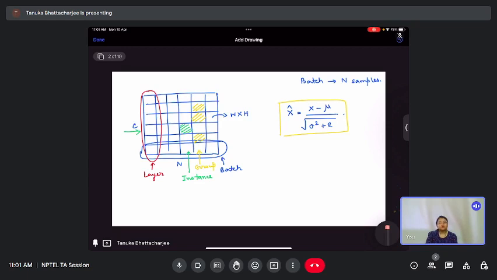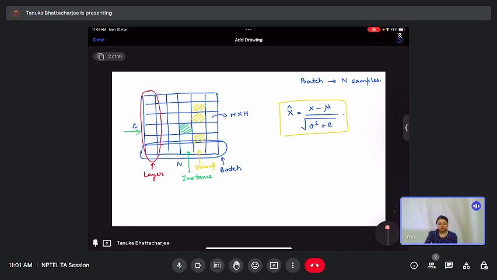In case of layer normalization, for each data point you have a different mu and sigma value. For instance normalization, for each data point, each channel, you have different values. And for group normalization, for each data point, each group of channels, you have different values of mu and sigma that you are going to use to calculate the normalized value.